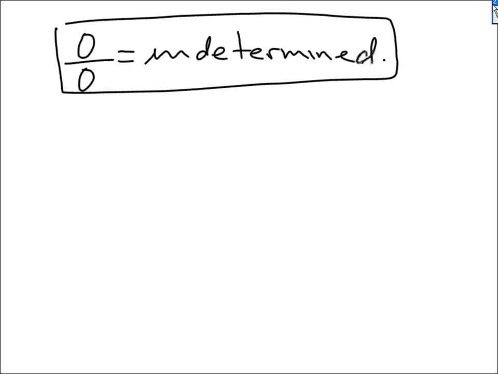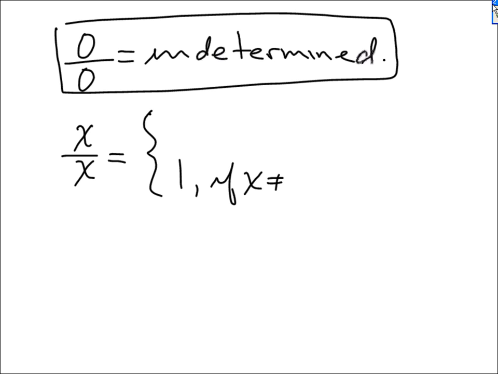Now, if I ask you what x over x equals, most of you would say 1. I learned one thing in school: x over x is 1. Well, I hope you learned something else, because it's not always 1. Most times it's 1. It's 1 if x is not 0. 7 divided by 7 is 1. Negative 11 divided by negative 11 is 1. 0.12 divided by 0.12 is 1.